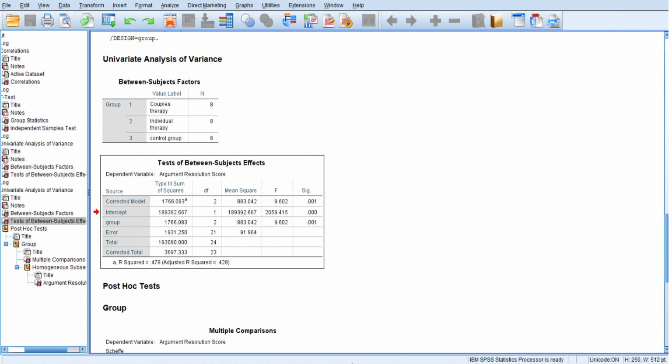So we've got significance, so what do we need to do next? Well, we don't know where the differences lie between these three groups. Which one has a higher score? Which one has a lower score? We don't know. We just know that there are significant differences somewhere. So now we need to run a post hoc.